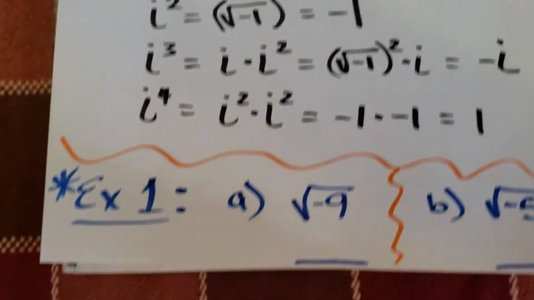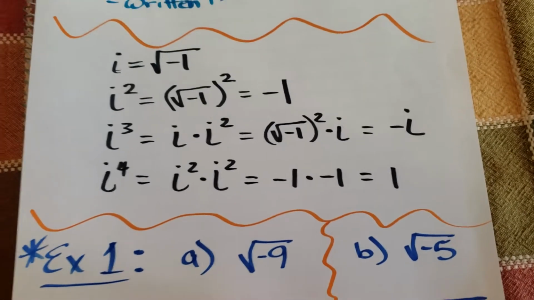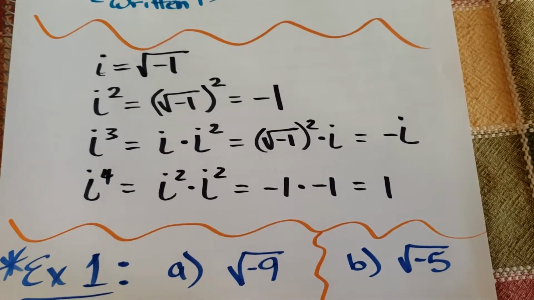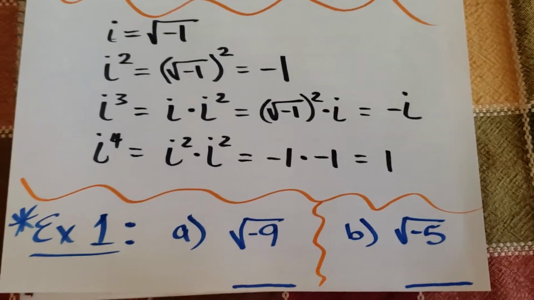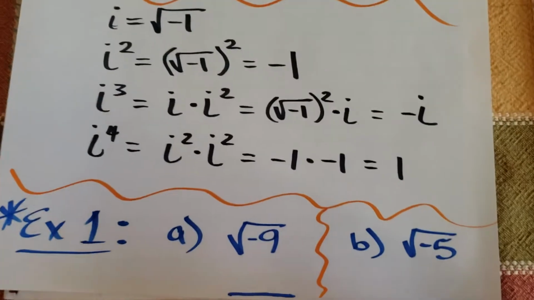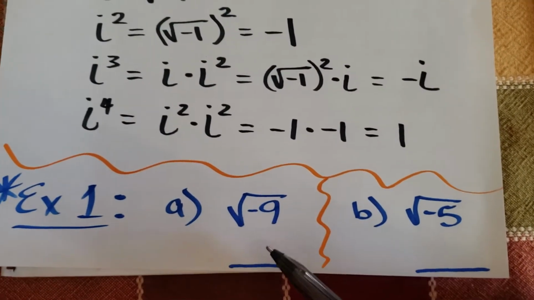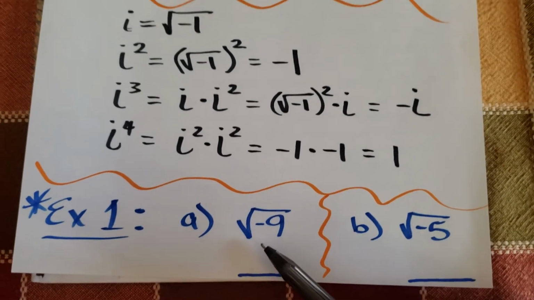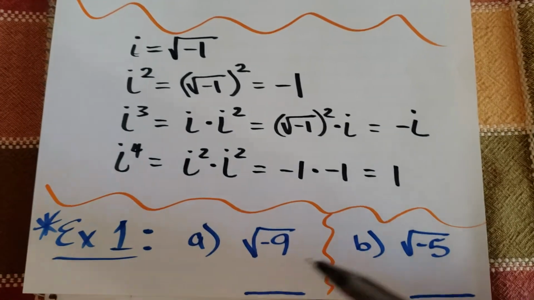So, moving on, let's do an example. Using this rule, when i is introduced, we can get a negative out from under a root. This is what we need it for, because in the past, when we came across the square root of a negative, this would be considered undefined or no solution. But now, this is why imaginaries were invented.